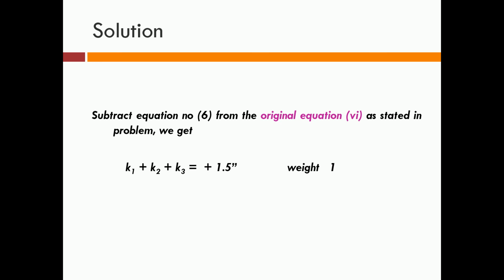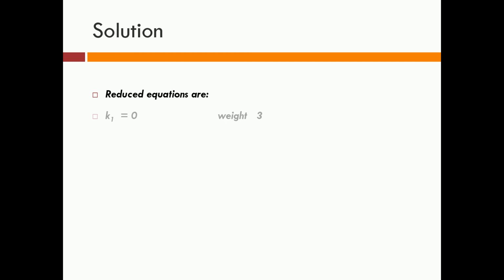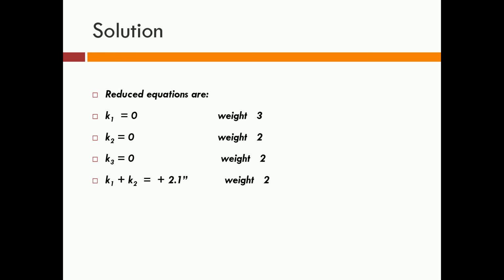Numbers are eliminated. Then if you write all the reduced equations, I am getting K1 is equal to 0, K2 is equal to 0, K3 is equal to 0, K1 plus K2 is equal to plus 2.1, K2 plus K3 is equal to plus 0.5 and K1 plus K2 plus K3 is equal to plus 1.5.